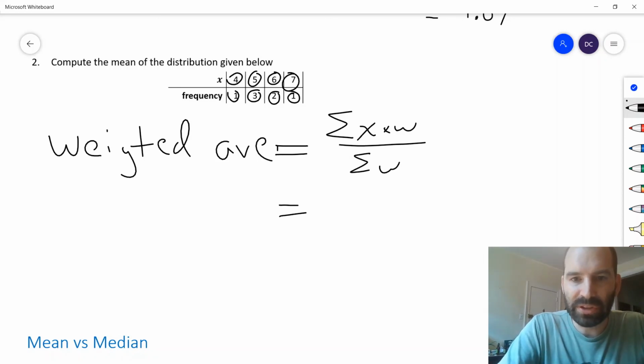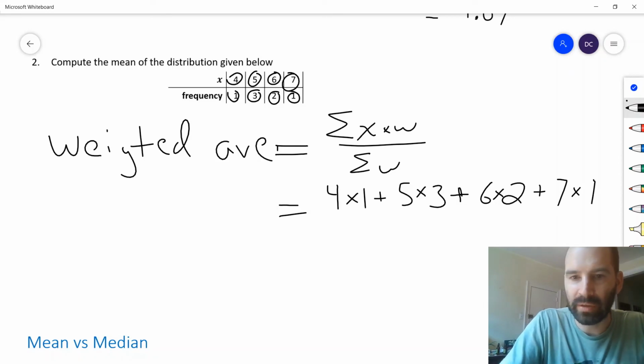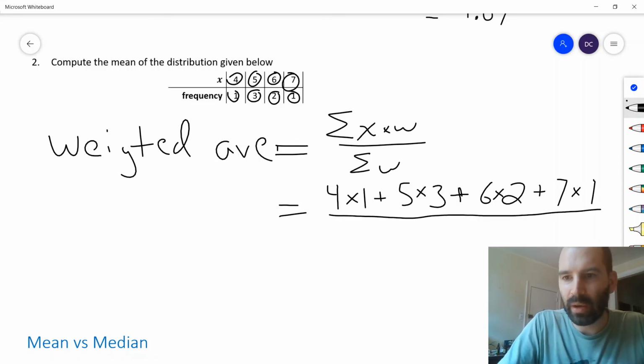So the first data value is 4, and its weight is the frequency, which is 1. The second data value is 5, and its weight is 3. The next one is 6, and its weight is 2. And the next one is 7, and its weight is 1. All right. Now what's the sum of the weights? Well, that's 1 plus 3 plus 2 plus 1.